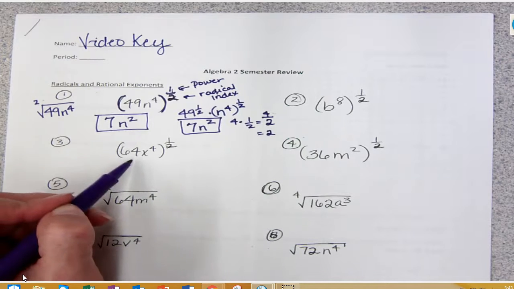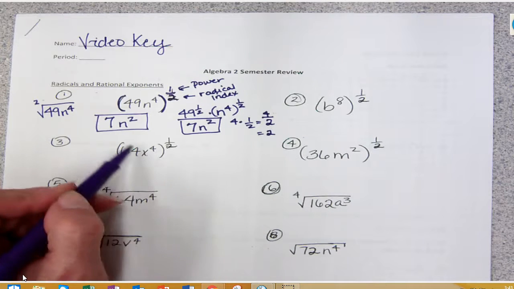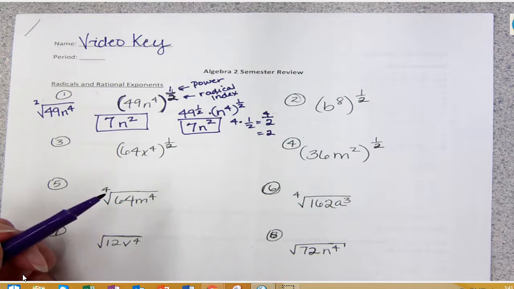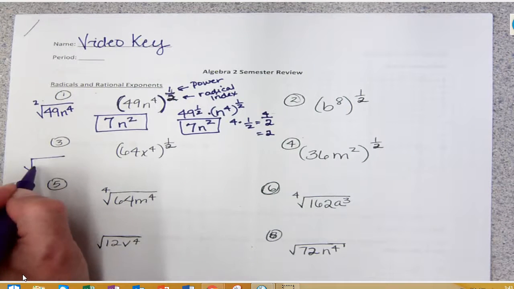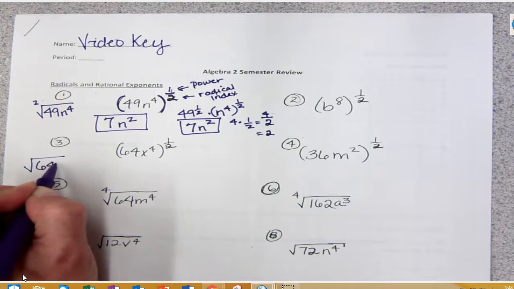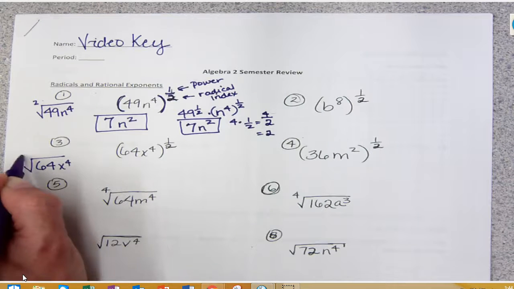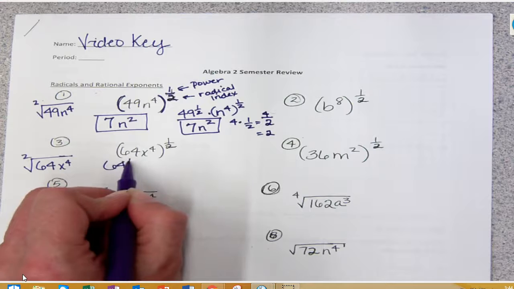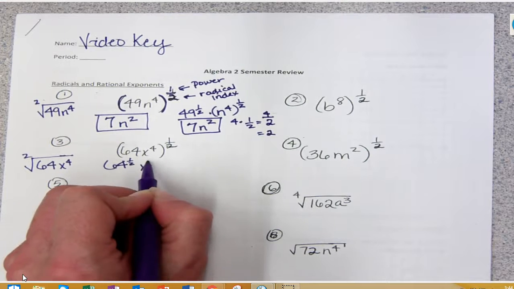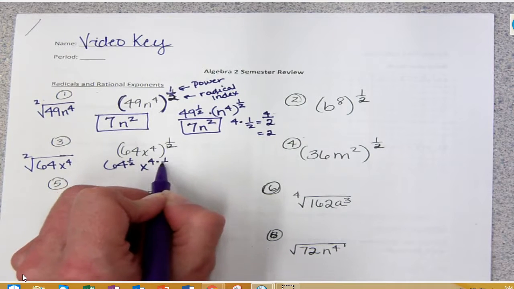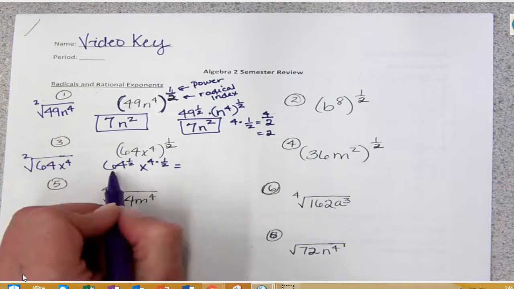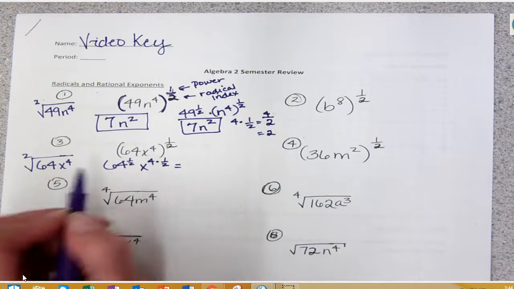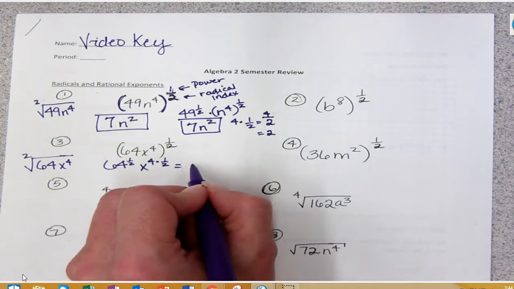So there's a couple of different ways that you can approach that type of problem. Again, here you've got 64x to the fourth all to the 1/2. We can rewrite that as the square root of 64x to the fourth, or we can write it 64 to the 1/2 x to the 4 times 1/2. You just need to remember that when it's to a 1/2, it is taking the square root.